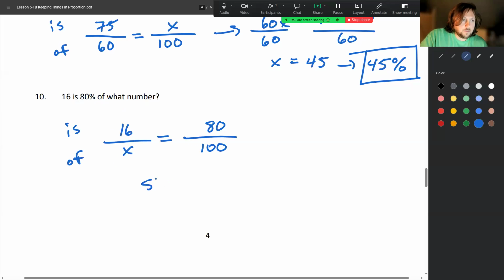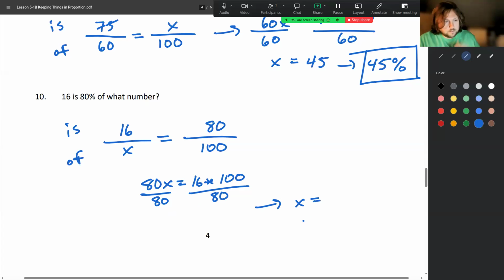And then I can cross multiply. Okay, I have x is 20.